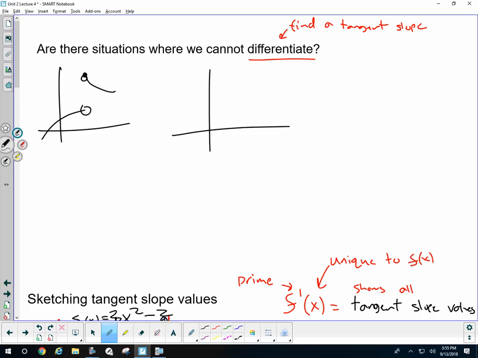At asymptotes, where we don't even have a point. How can I draw a tangent slope if I don't even have a point? And actually, since I don't have a location for the tangent to go through, I don't have a tangent line that occurs at a hole. Okay? We have to be continuous to have a tangent slope.